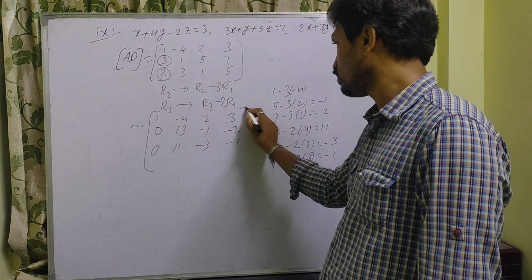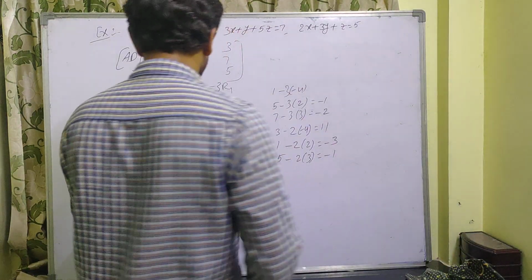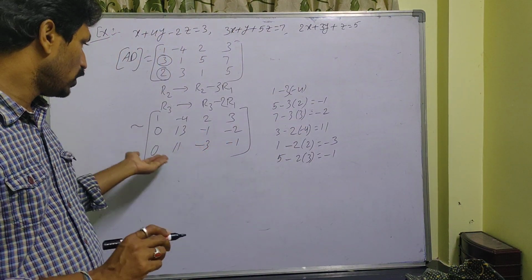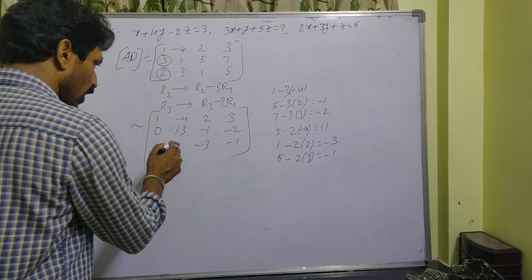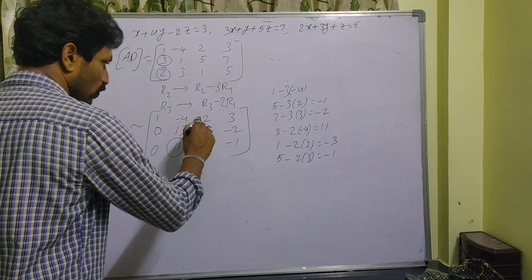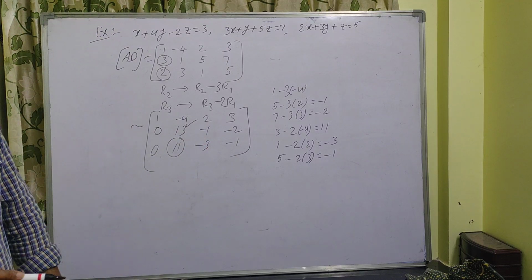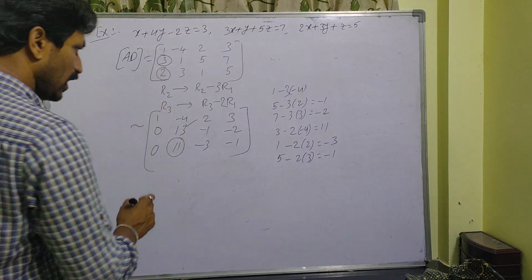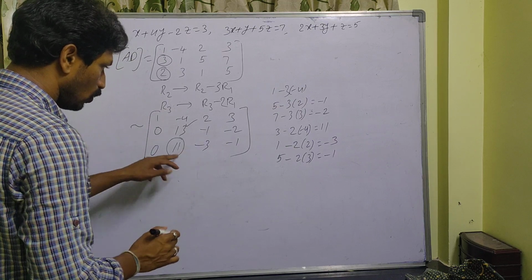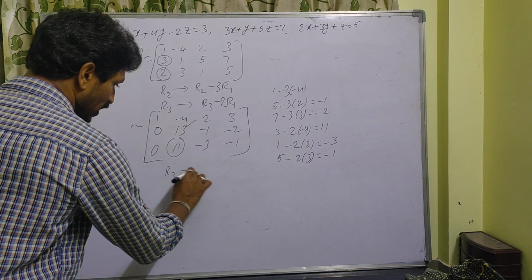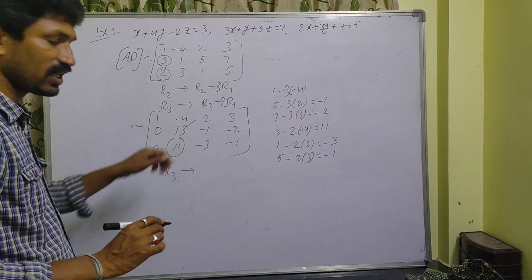Right here minus 1. So in the second row, is there any common factor? No. In the third row also? No. So then go for making this one 0 by using this one. See here. R3 implies here 11, here 13.